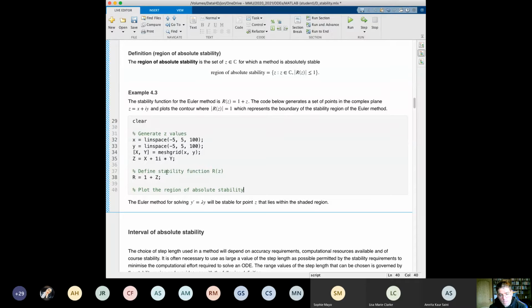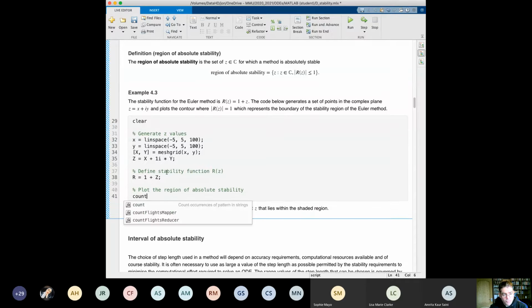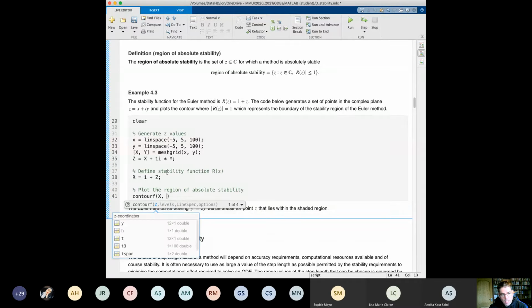I'm going to use a filled contour plot for that. So it's contourf, which is a filled contour plot. We're going to plot x against y, and then we're going to plot the absolute value of R.